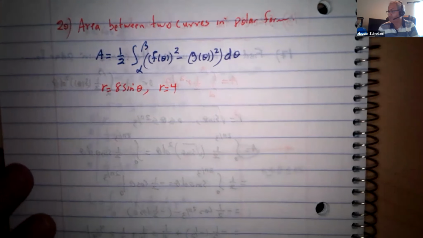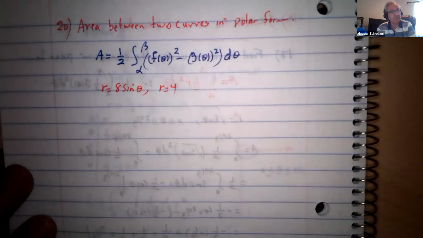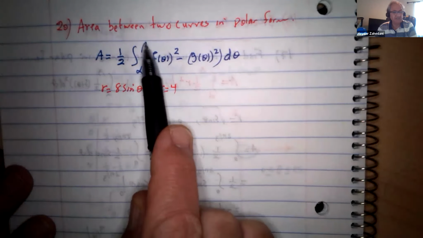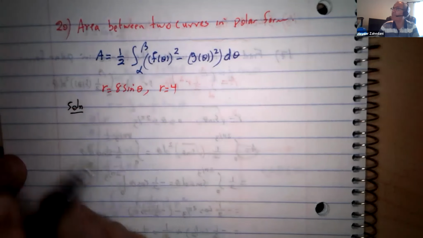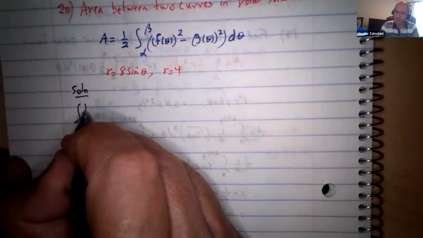You have to graph it a little bit, or you can do it right away without any graphing. But first thing to do, you have to find the intercept, like in calculus 1 for the ordinary function. You have to intersect these two to find out what the alpha and the beta are. Okay, so the solution is going to be, put them inside one system of equations.